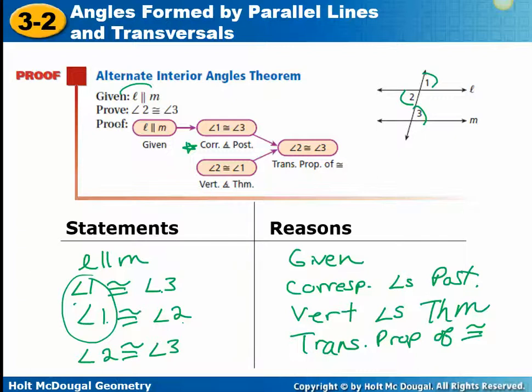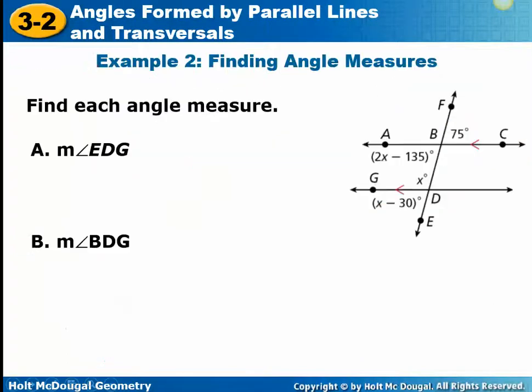That's what we were trying to prove in the first place, that angle 2 is congruent to angle 3, because that proves that the alternate interior angles are congruent. So we just proved that alternate interior angles are congruent. Now we can use this theorem in our future proofs if needed. We can also use it to solve problems now.